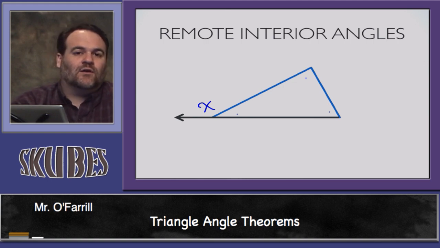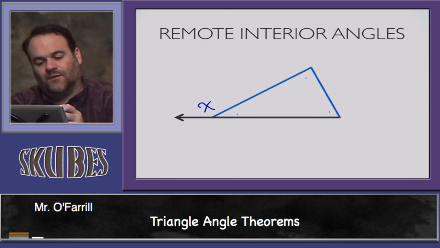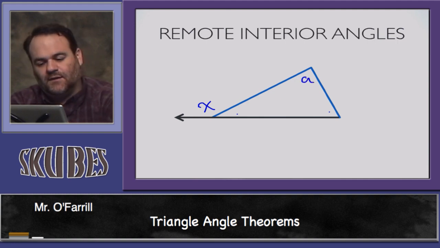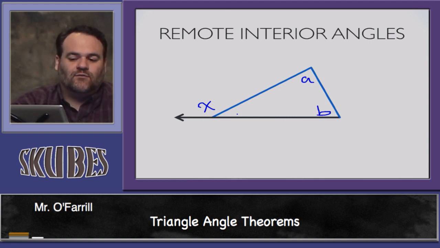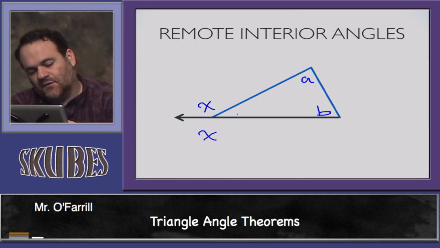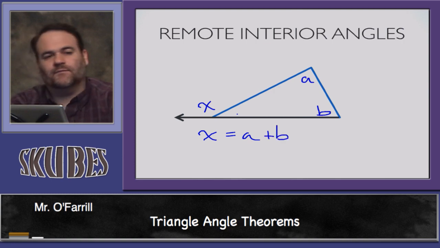So the two remote interior angles are going to be this one, I'll call it angle A, and this one, I'll call it angle B. So the remote interior angle theorem states that x equals A plus B.